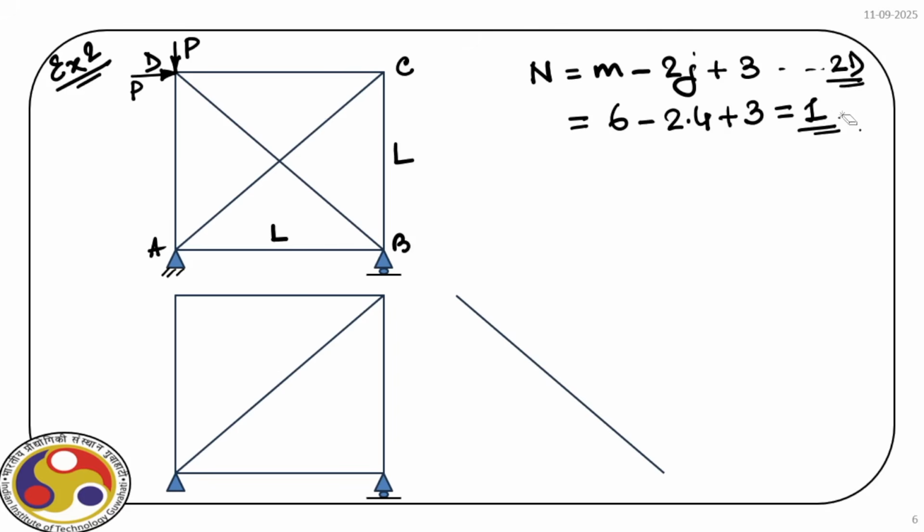And in fact, you can easily check that if we remove one member, as you can see here, then we can solve this truss, right? So we have a vertical force here P and a horizontal force here P. Now, this second truss where the member DB is removed, the DB is here.